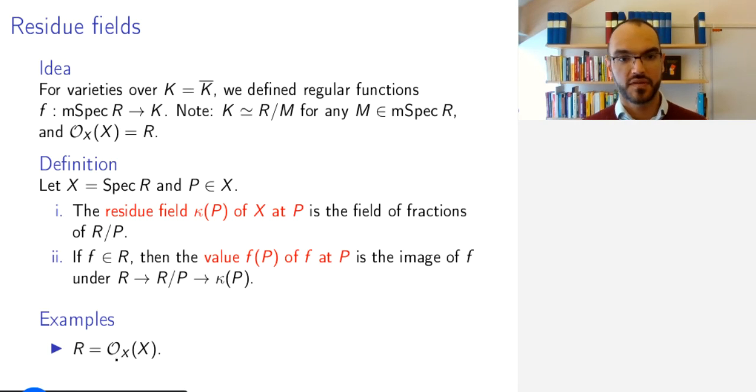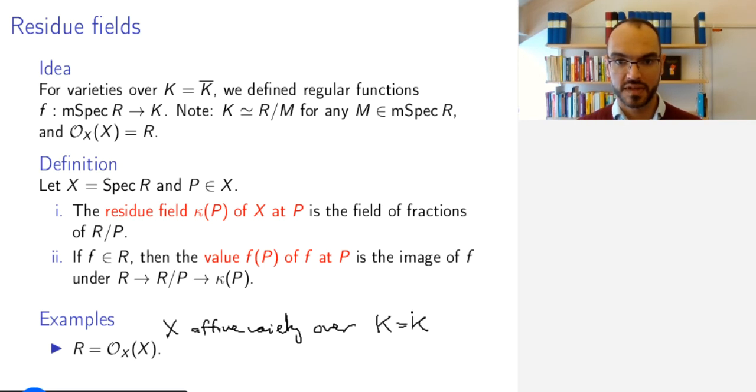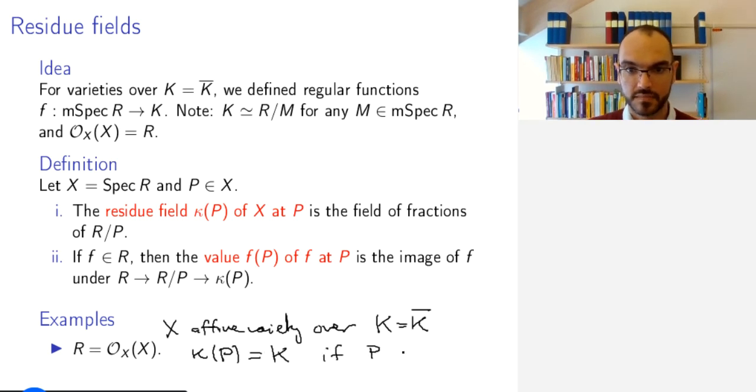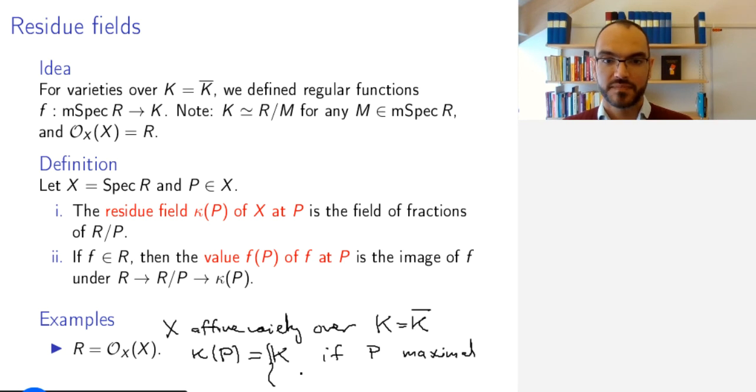So, for example, if we are looking at R, the coordinate ring of an affine variety, so here X is an affine variety over some algebraically closed field, okay, then the residue field of P is going to be just K if P is maximal, or it is going to be the field of rational functions on Y if P is the ideal of Y with Y irreducible.